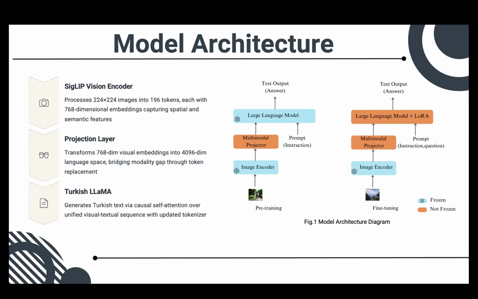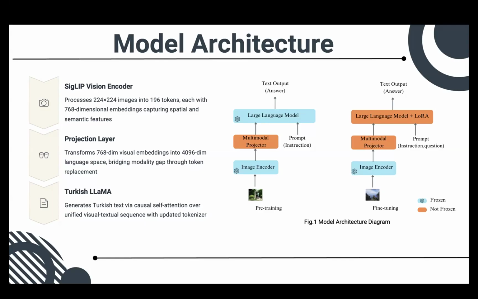Finally, Turkish Llama serves as the language decoder. It generates Turkish text using causal self-attention over the unified visual textual sequence. We enhanced it with an updated tokenizer that recognizes spatial visual tokens, enabling seamless integration of image features.